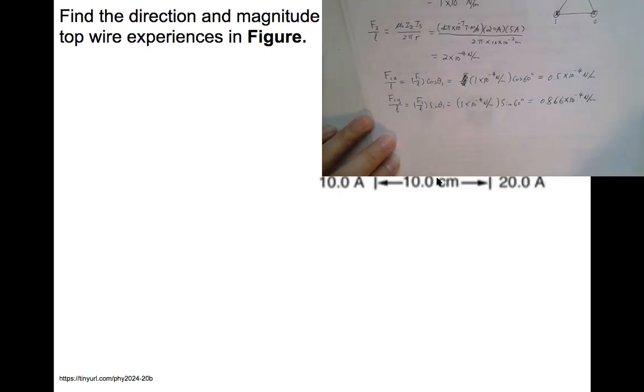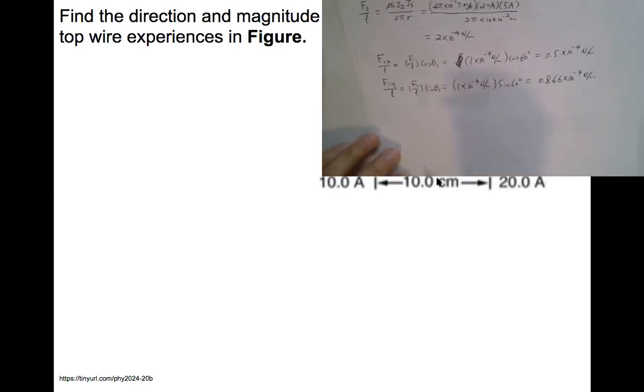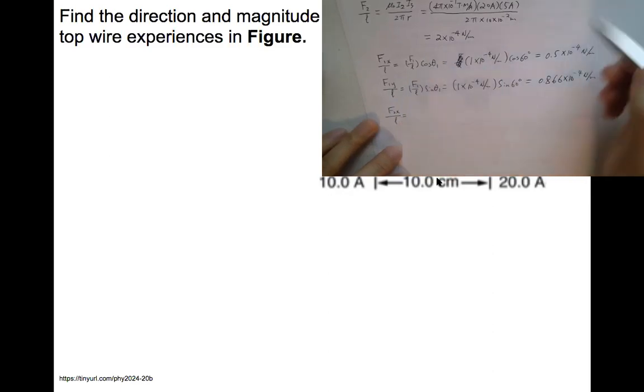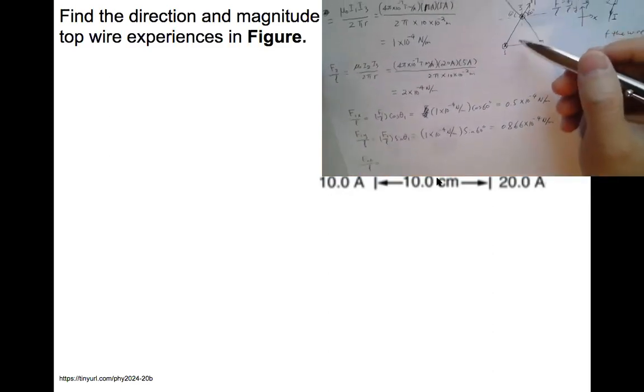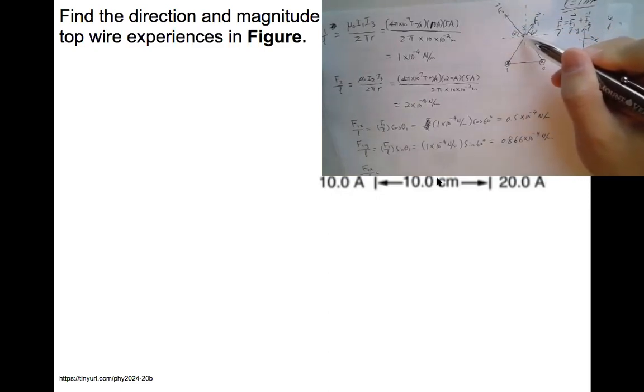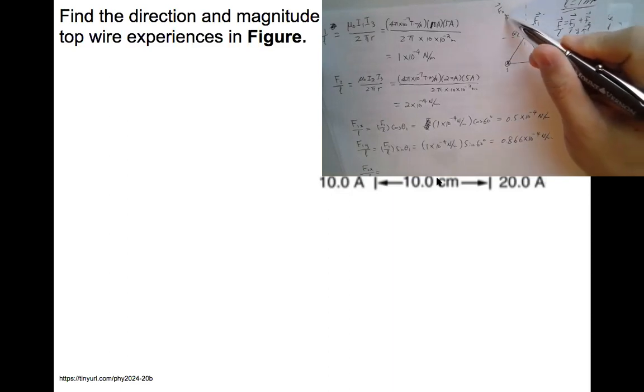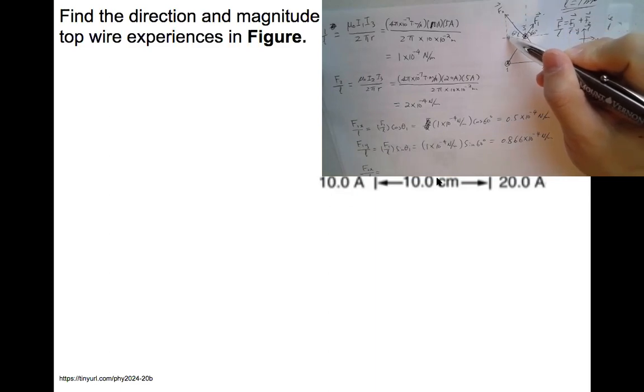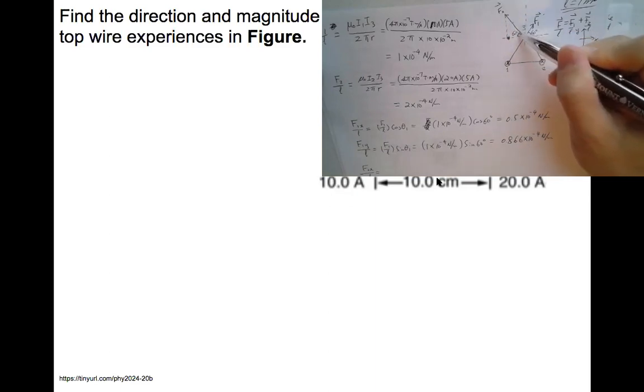Now for the F2x component per unit length. On the figure here, you can see F2 is pointing in this direction. So if you just want to use this angle, you are looking at this X component. It will be negative of this times cosine of 60. You can also follow what we had for the first semester.